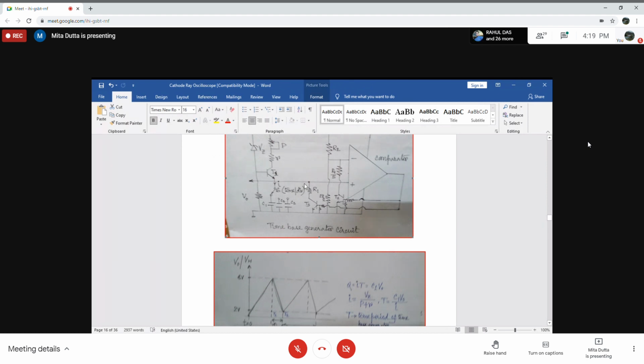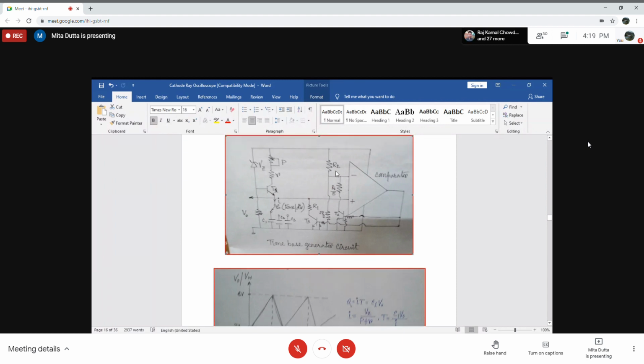The capacitor will, at this instant, when T2 and T3 are on, or short circuited, the voltage across the negative input terminal will be determined by these 2R2 and R2 by 5. These two resistances are in parallel, and with this parallel combination, the R2 is coming in series.